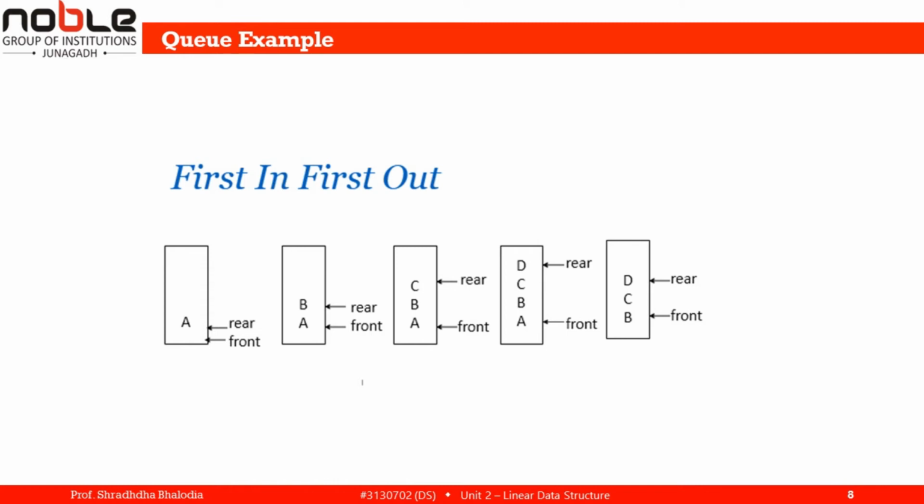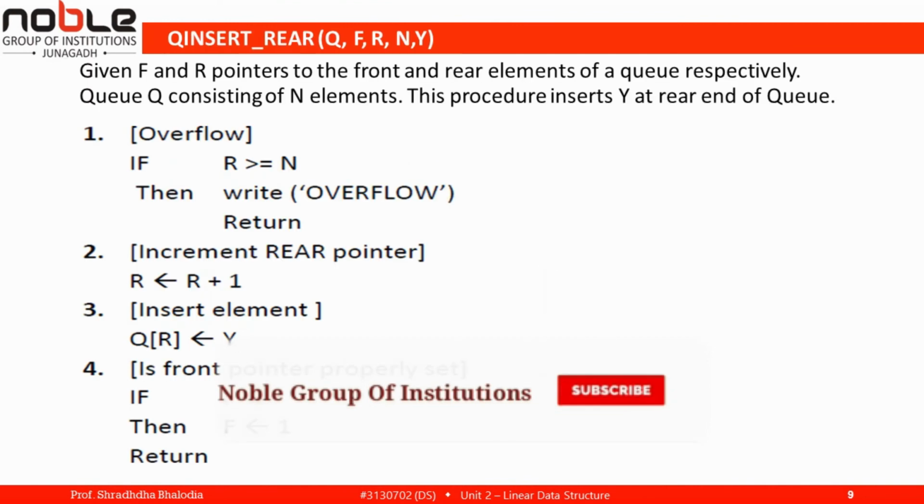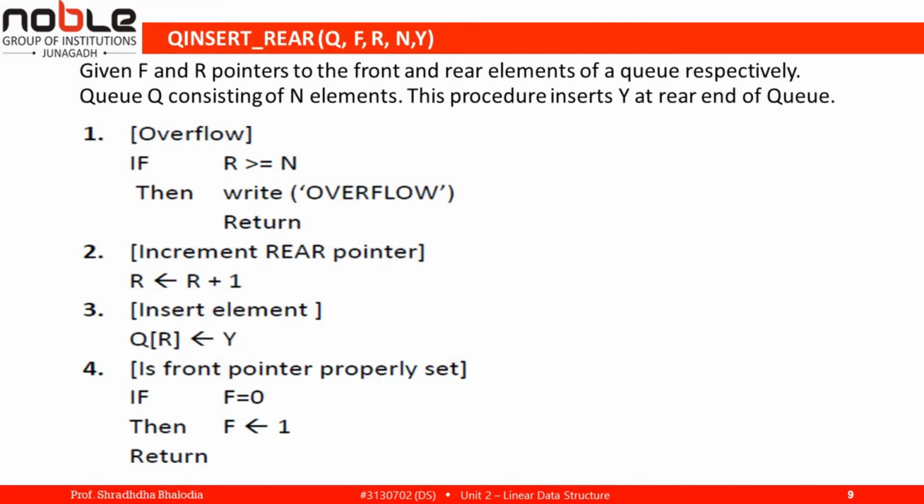Now we discuss operations on a queue. Only two basic operations can be performed on the queue data structure: insertion and deletion. There are three conditions for performing these operations. First one is the overflow condition: if rear is equal to max, then the queue is overflow.